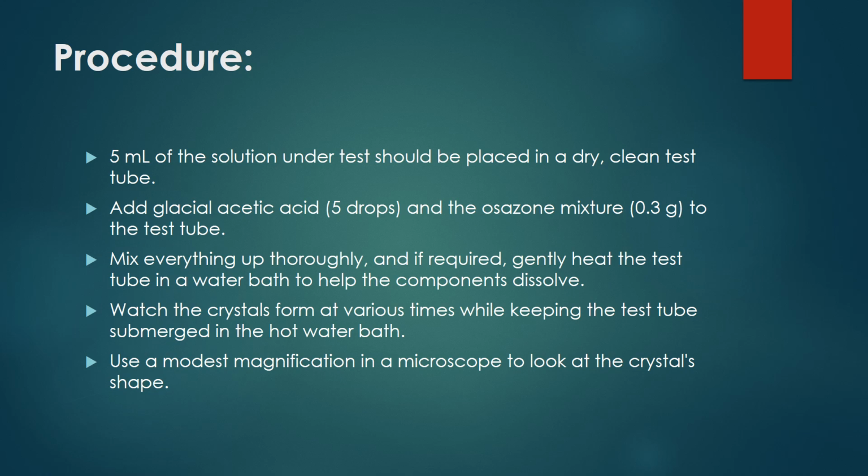Okay, the procedure: take 5 ml of the solution under test, or the test sample, and place it in a dry, clean test tube. Add 5 drops of glacial acetic acid and the oxazone mixture, which we prepared already; take 0.3 gram of the mixture to the test tube.